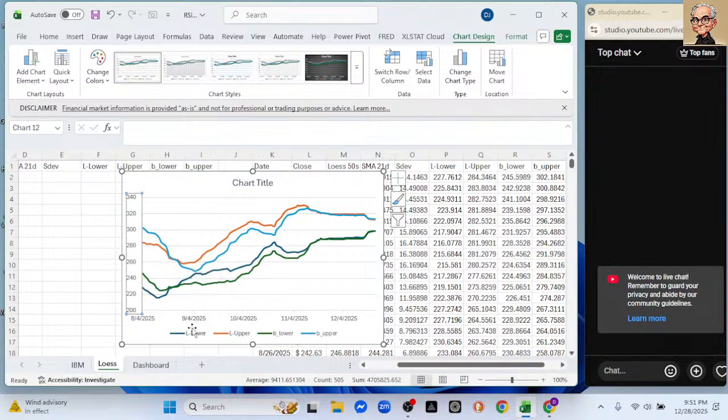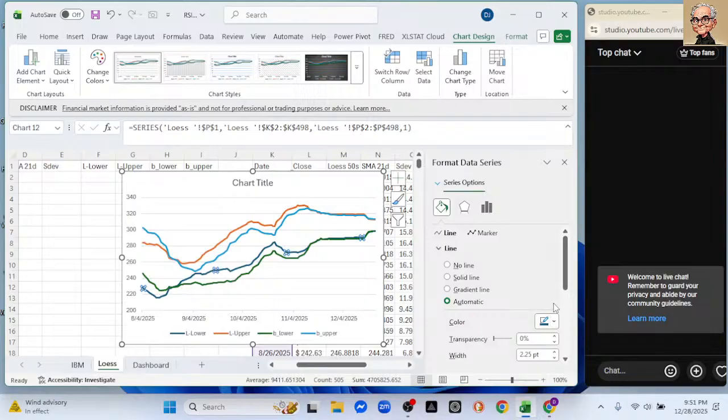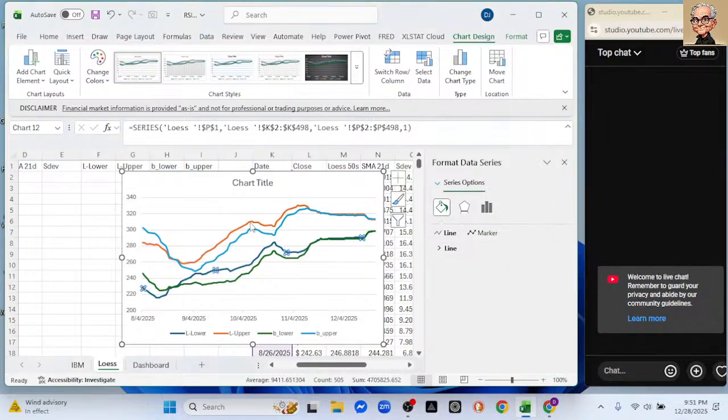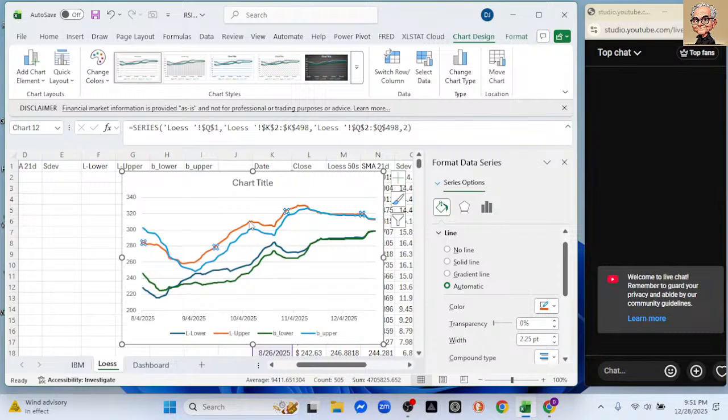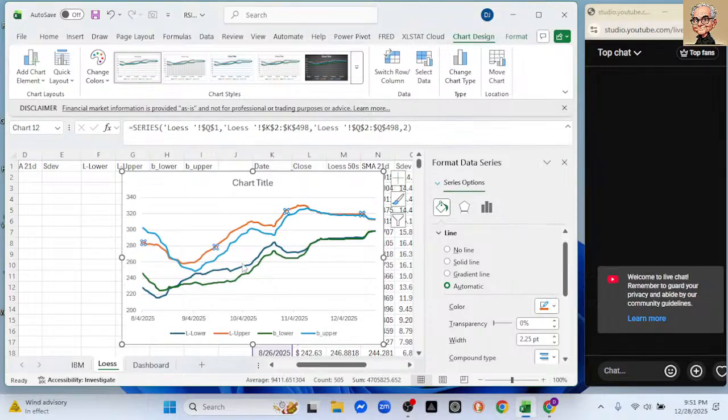Let's change the L lower to the same color as the L upper, because this should be L upper. So we're going to change this to the same color, which is kind of a rusty orange. Okay, good. So this is our lower.